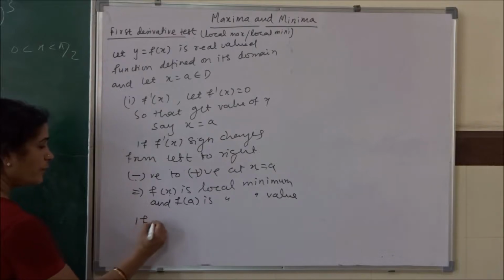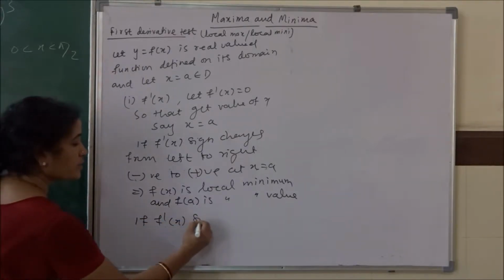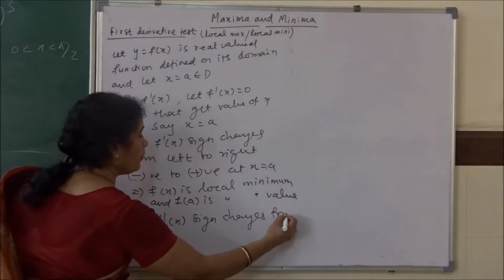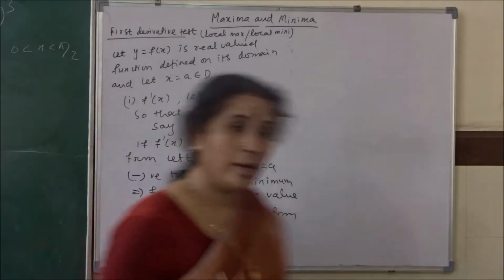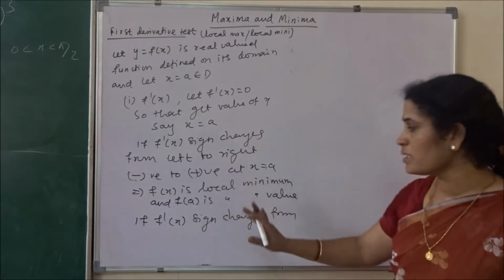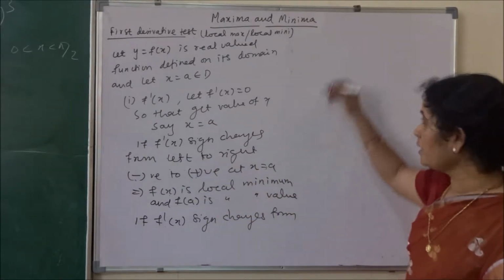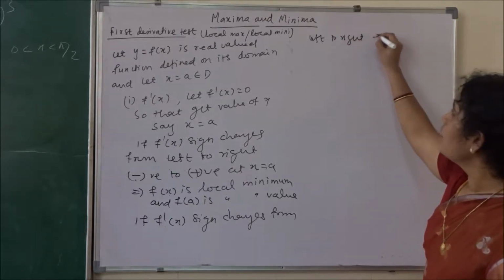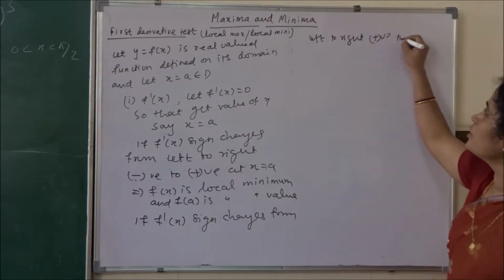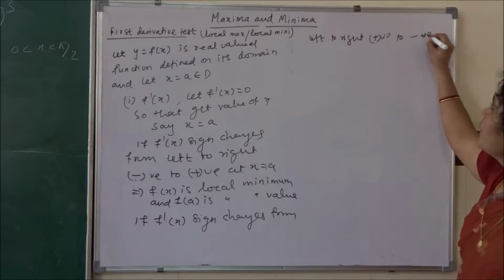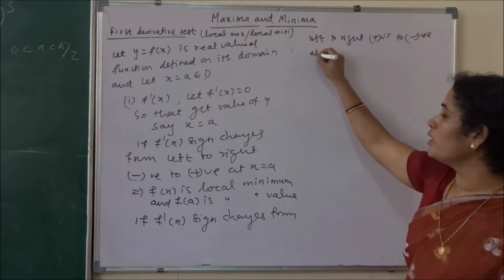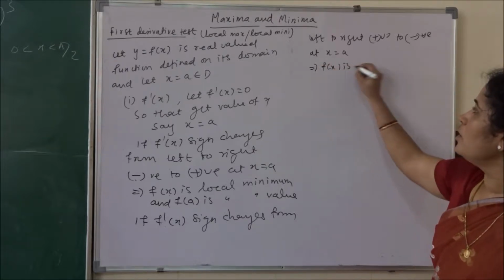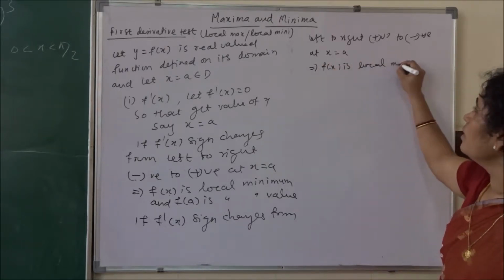Now, if f dash of x sign changes from left to right, again the direction is from left to right, from positive to negative at x is equal to a, implies f(x) has a local maximum.